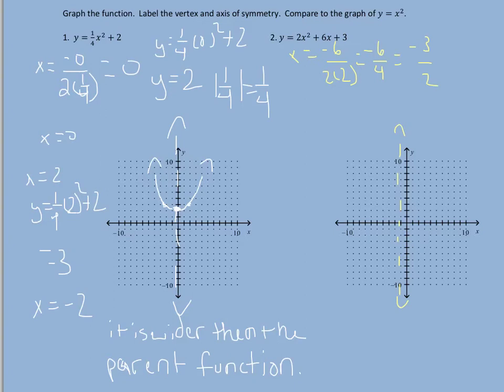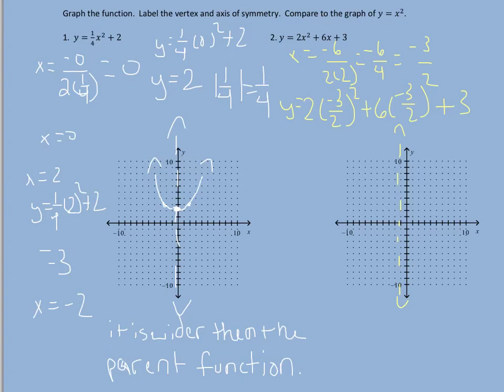And then to get the other piece of the vertex, remember you plug that into the equation. So y equals 2 times -3/2 squared plus 6 times -3/2 plus 3. Okay, so that would be 9/4 times 2, 9/2. So just go ahead and calculate that.